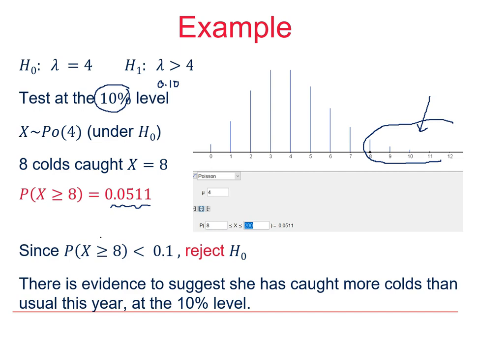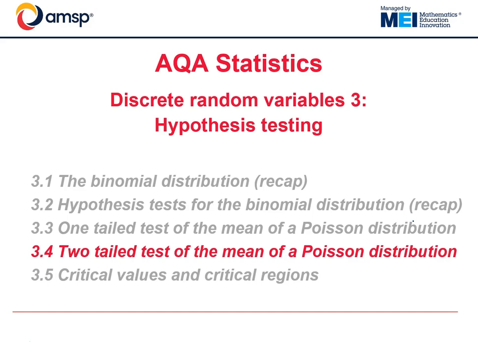And this time our probability, 0.0511, is less than our significance level. So in terms of what we are testing under here, we're going to say that's very unlikely, and we will reject the null hypothesis. And we do have evidence to suggest that on average she's caught more colds than usual this year at the 10% level of significance. And that's the end of this video.